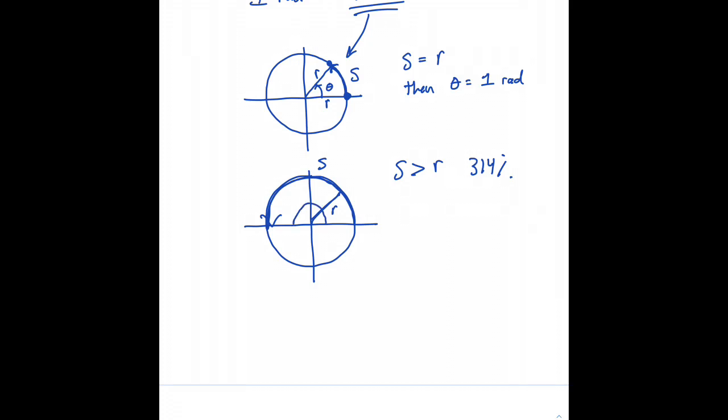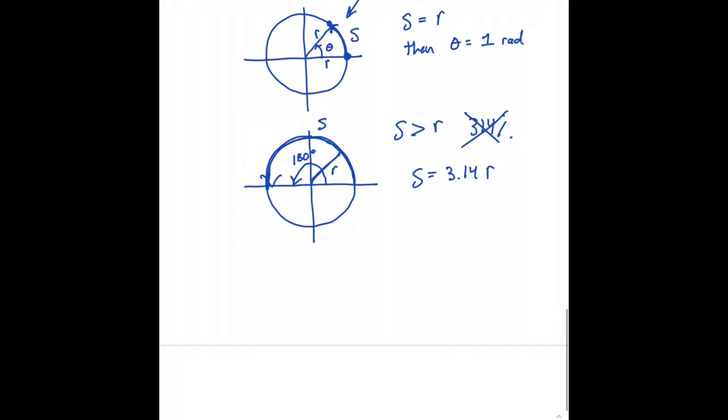By rotating around to the opposite side, we've gone 180 degrees. Another way of saying it's 314% greater, we say s is equal to 3.14 times r. So 3.14 is to 180 as theta is to 1 radian.